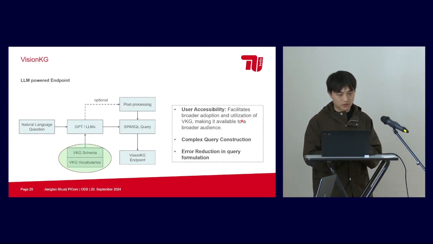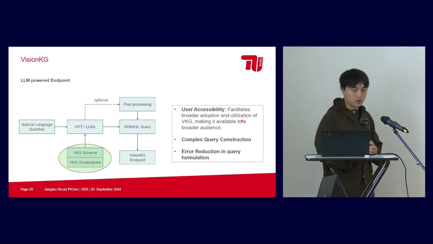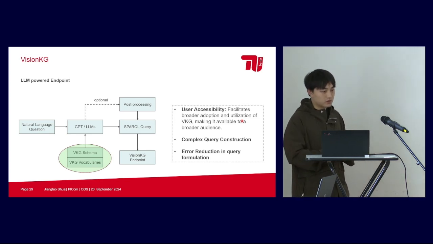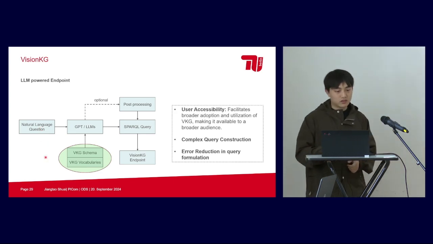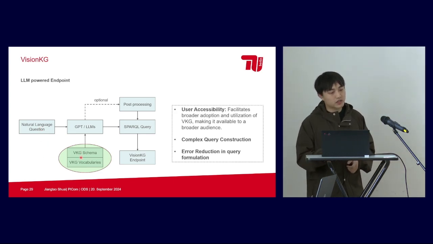Then we talk about the Vision KG LLM powered endpoint, and how this works. We have the large language model. We have the natural language question, for example, give me pictures that include the car. Then we also have the Vision KG schema and the vocabularies.